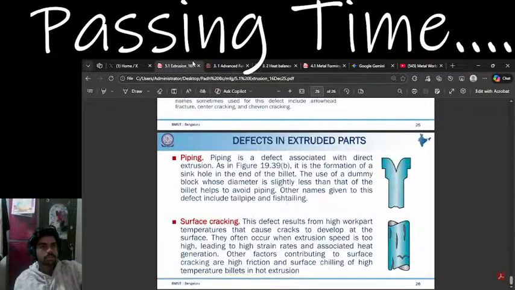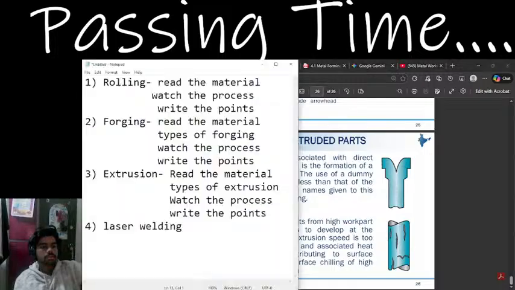I think I'm done with extrusion pretty much, so I can remove this. I've read the material and done the types of extrusion as well.